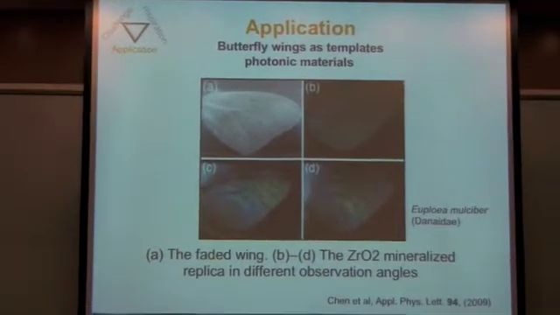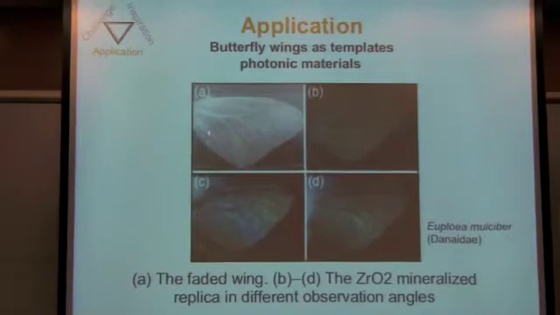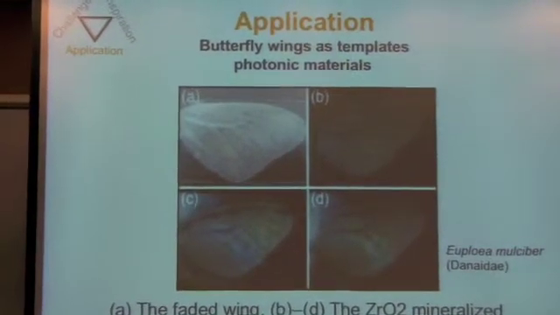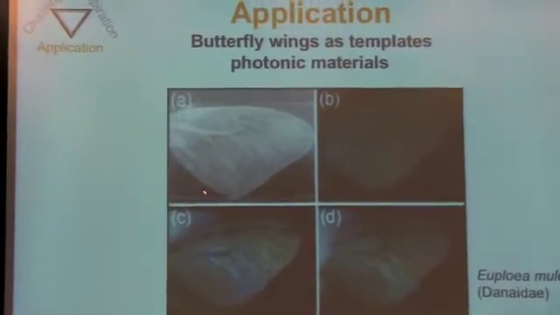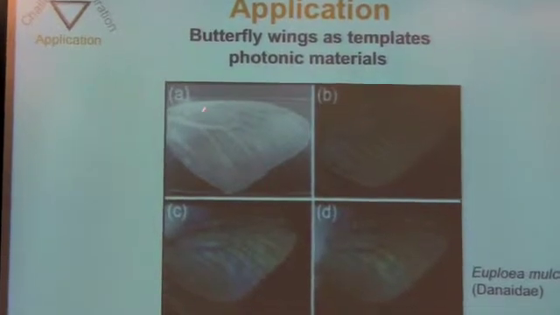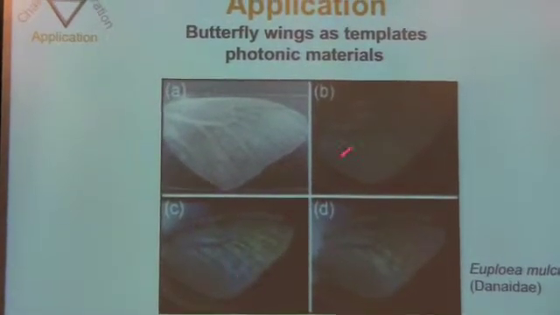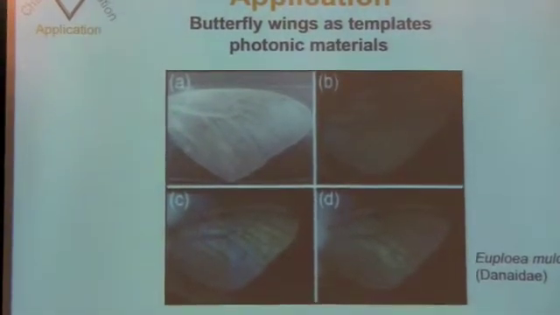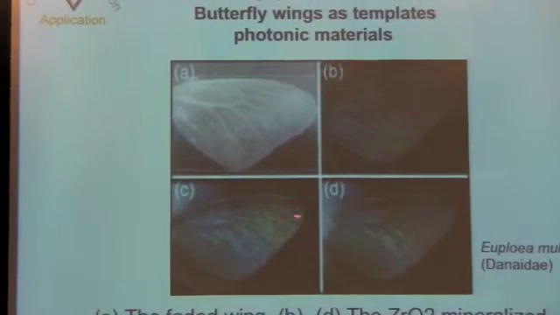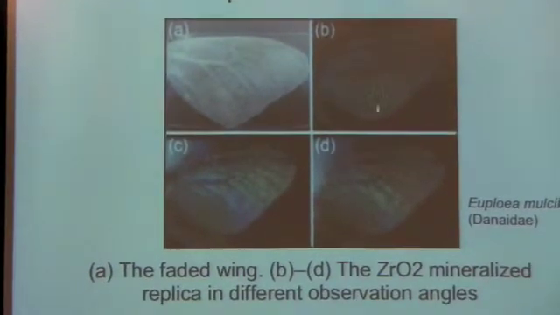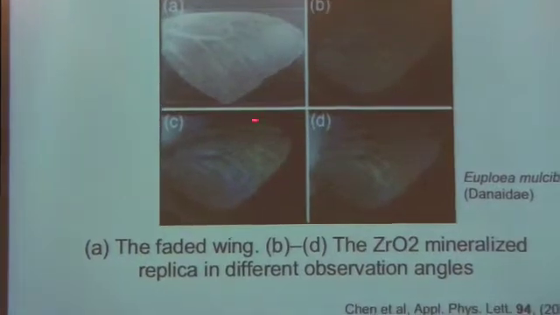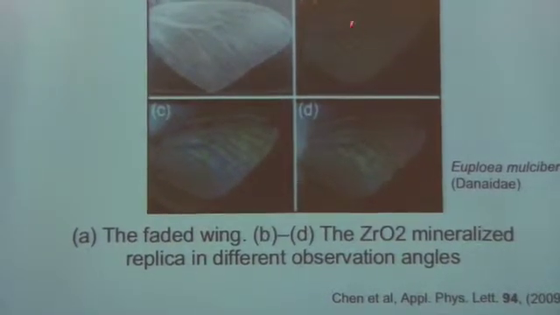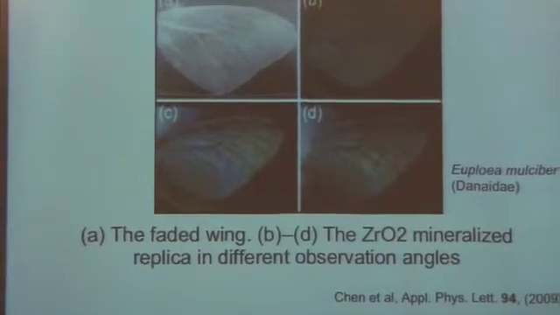And here's another example where they get this from another type of butterfly. They used a faded wing, then mineralized it with CrO2, and then if you shine light on it and look at it from different angles, you do get this iridescent color showing up.